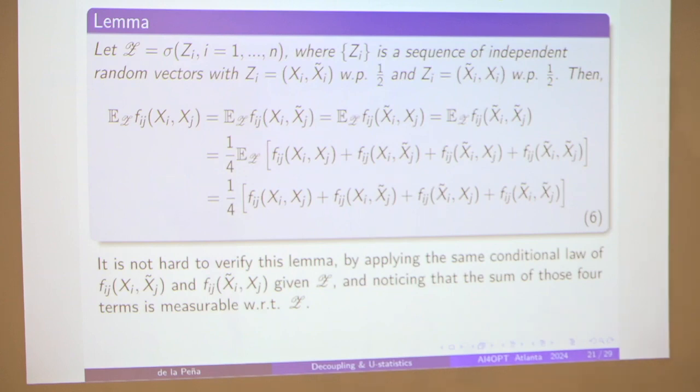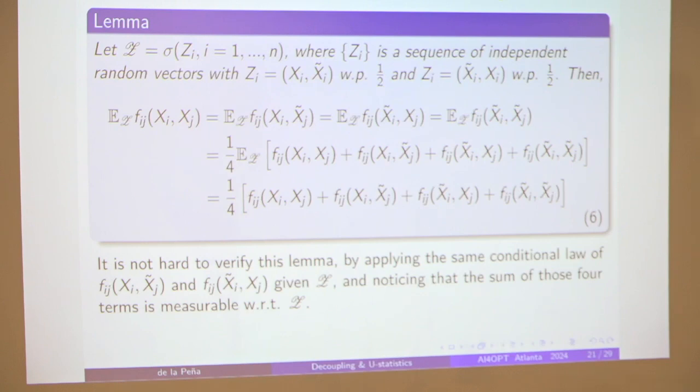So suppose that you have the f sub i's, the sigma field of the c sub i's, where c sub i is a sequence of independent random vectors. C sub i is equal to (xi, xj tilde) with probability a half, and c sub i is equal to (xj tilde, xi) with probability a half.